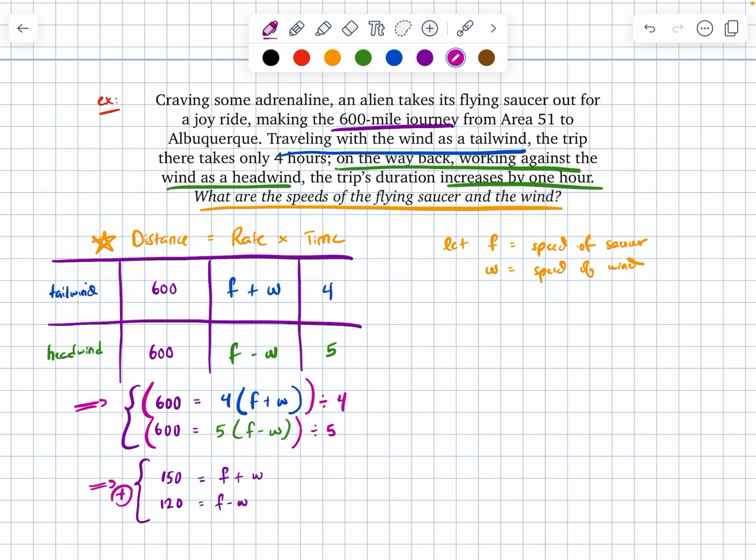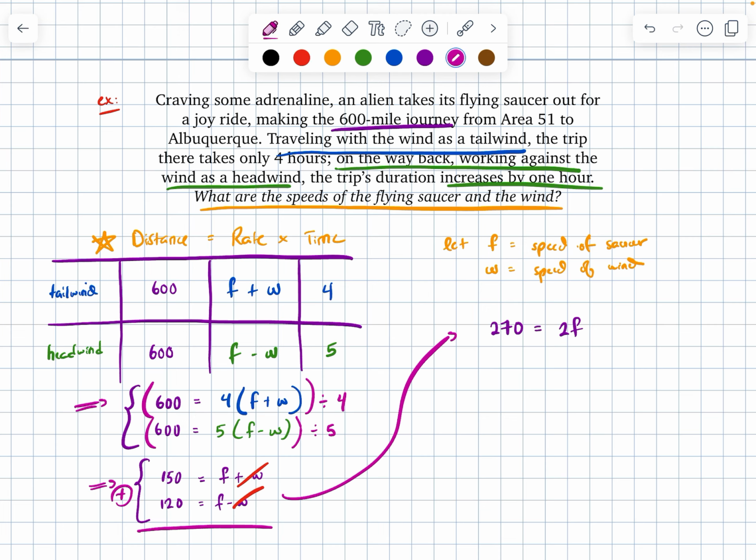From here, I think the easiest move to make is to do some elimination. We did subtraction in the one above. I will add them over here. To give myself more space, I'm going to pull this up to the right. So doing my addition, 150 plus 120, that's going to leave me with 270. I have f plus f, that's 2f.